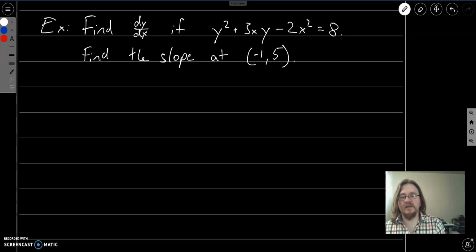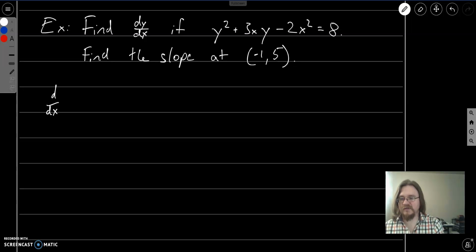Let's find the derivative. So let's find dy dx if y squared plus 3xy minus 2x squared is equal to 8, and then we'll find the slope at -1, 5. So let's find the derivative first. Using implicit differentiation, I'll just take the derivative of both sides.